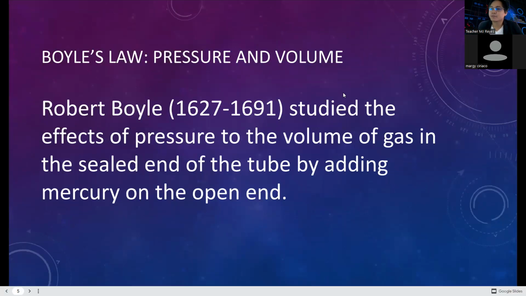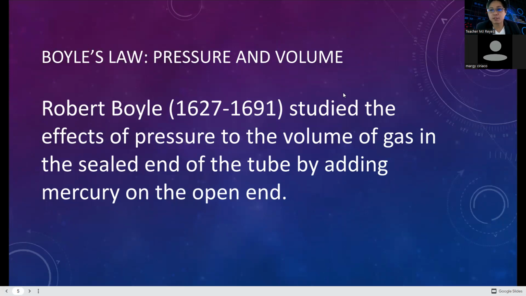Boyle's law is talking about pressure and volume. What's with Boyle's law? This was formulated by Robert Boyle, 1627 to 1691. He studied the effects of pressure to volume of gas in the sealed end of the tube by adding mercury on an open end.